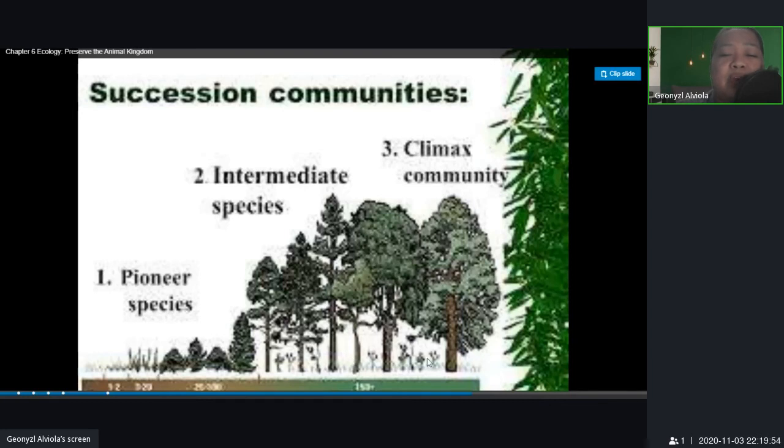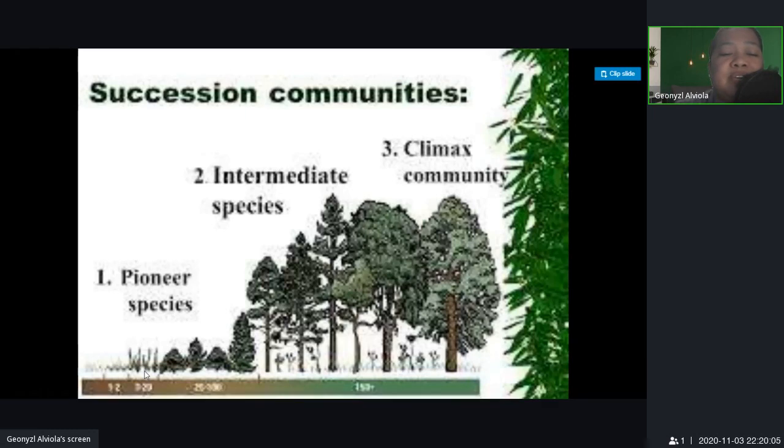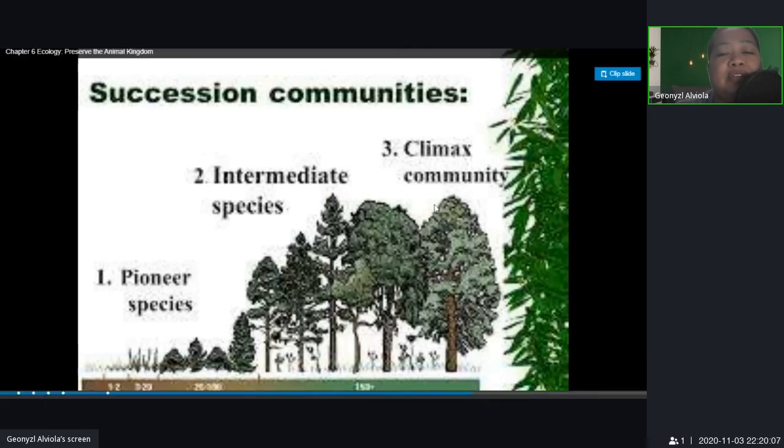As the community becomes complex, these short plants, the herbs and herbaceous plants, tend to disappear when the climax vegetation starts to grow. Slowly, the pioneering species will die out because they are covered by the canopies of the trees.